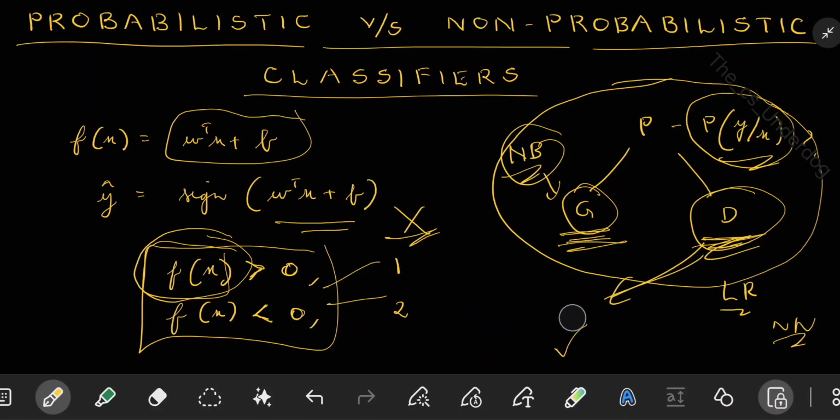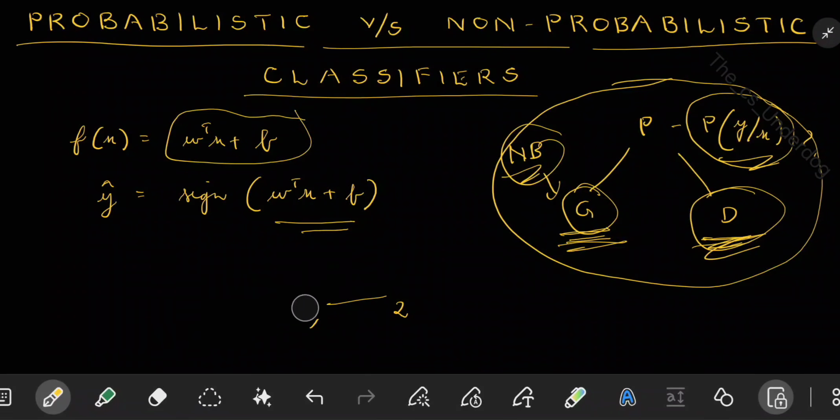Non-probabilistic we already explained. One more thing before we conclude this lecture: you should also know when to use probabilistic and when to use non-probabilistic. Whenever you want a model and you just need an accurate decision boundary, that is, you simply want to know it is class 1 or class 2, then you better go for a non-probabilistic classifier.